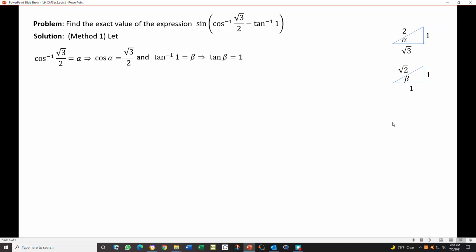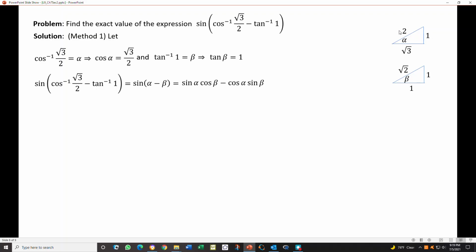Cool. So sine of this becomes simply sine of, this whole thing can be replaced by alpha, the whole tan inverse of 1 can be replaced by beta, so sine of alpha minus beta, which is sine alpha cosine beta minus cosine alpha sine beta. Now the question is, do we know the value of sine alpha? Well, if you don't, come to this triangle and use that to figure out sine alpha.